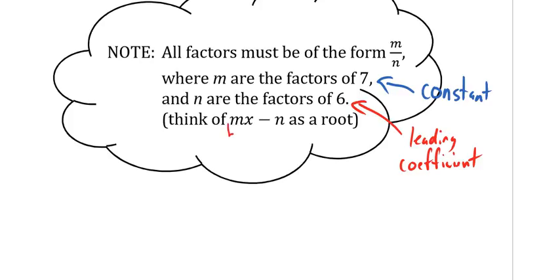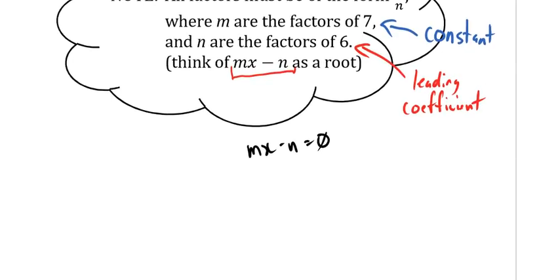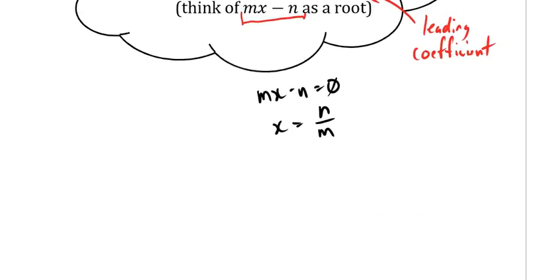Think if I found mx minus n as a root, so I would get this, mx minus n equals 0. So I move the n over and divide by m. I did that backwards compared to what's up there. That's okay. So mx minus n equals 0. Does that make sense?